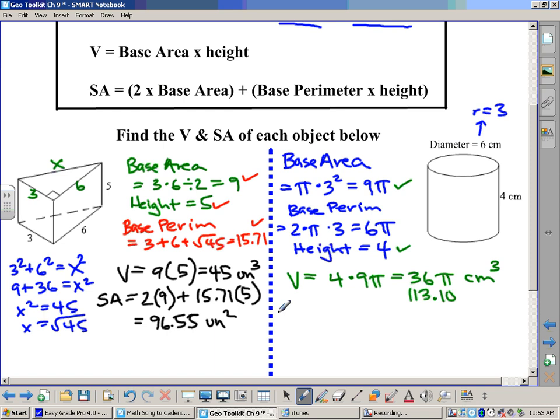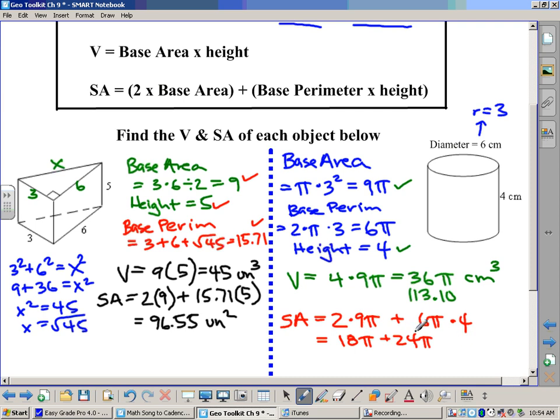To find surface area, it will be 2 times the area of the base, so 2 times 9 pi, plus the base perimeter, which would be 6 pi, times the height, which is 4. 2 times 9 is 18, so we've got 18 pi. 6 times 4 is 24, that's 24 pi.